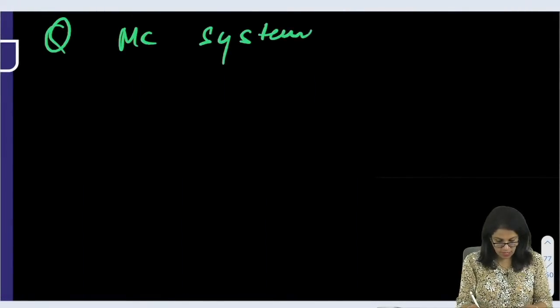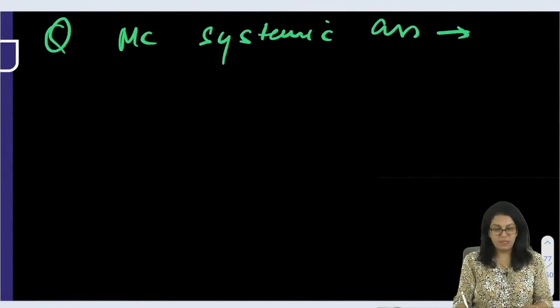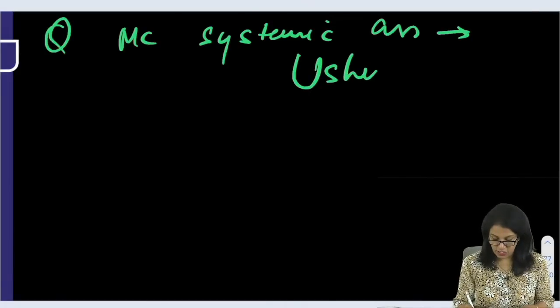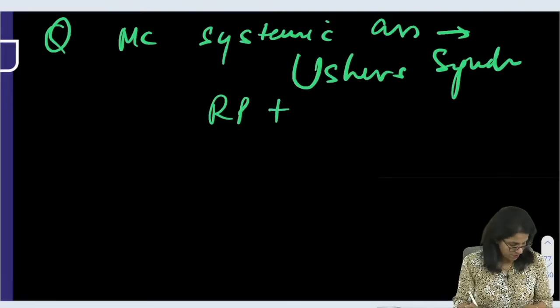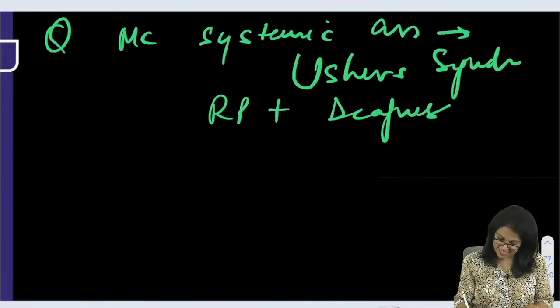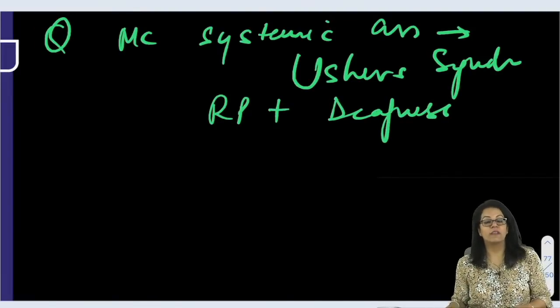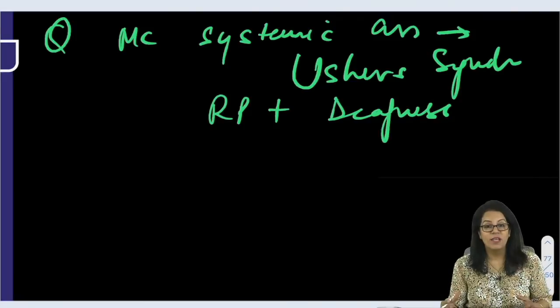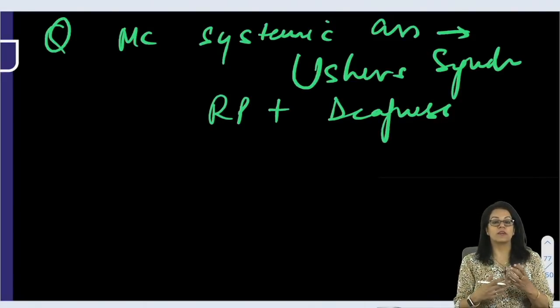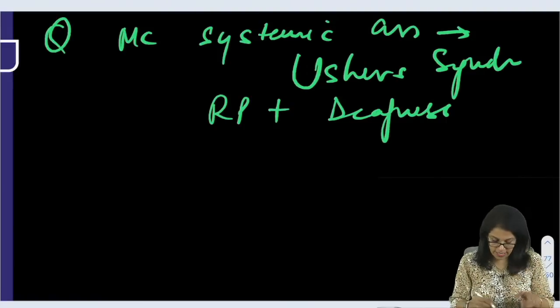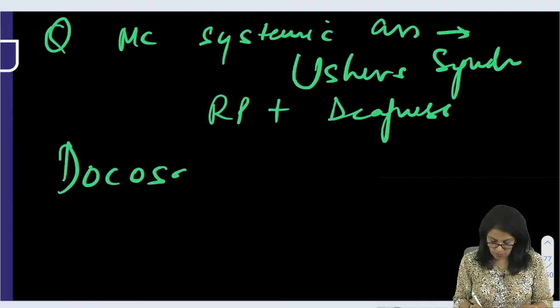All the questions on RP, please. Most common systemic association, we will answer Usher's syndrome. Usher's is RP with deafness. RP with deafness. Okay? And of course we know there is no effective treatment, right? Some latest things which are going around is like docosahexaenoic acid can slow the progress.